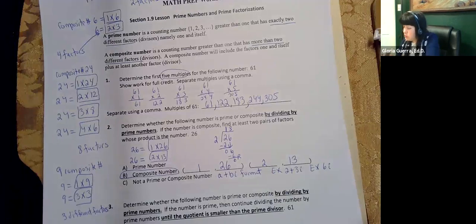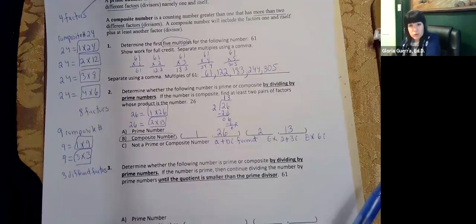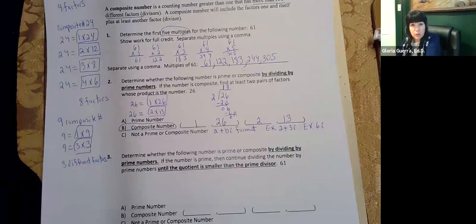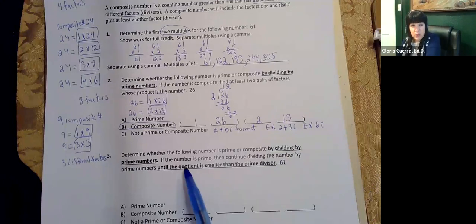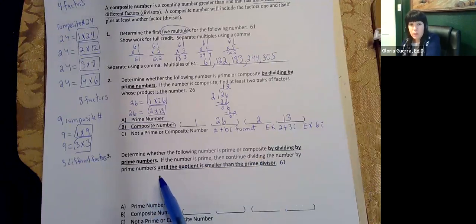Now, on number 3, it says determine whether the following number is prime or composite by dividing also by prime numbers. But then this also says a little more. It says if the number is prime, then they want you to continue dividing the number by prime numbers until the quotient is smaller than the prime divisor.